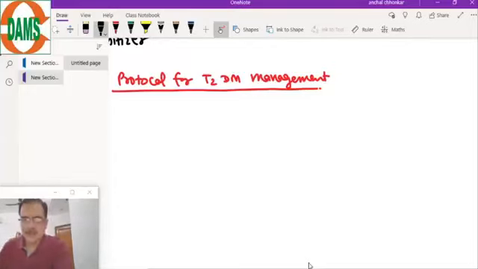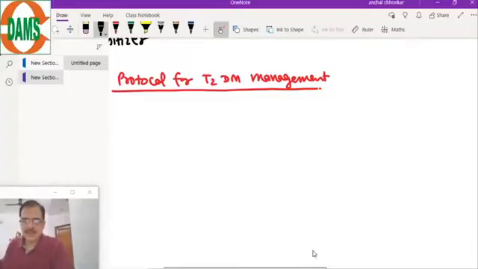So in this protocol, first thing we have to decide is what is the level of patient sugar values. On the basis of that, we start with a single drug or a double drug or an insulin along with the drugs. So protocol for type 2 diabetes management.